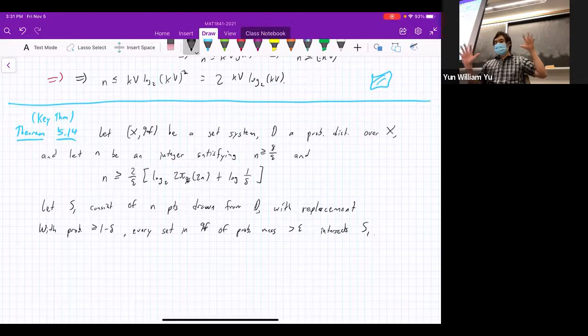Okay, so let's take a step back and think about what we're talking about now. In addition to just having a set system, we have some well-defined process of drawing samples from the set system. We're drawing n points from the set system, and then we're arguing that with high probability, there's some intersection between all of the high probability mass concepts in H and our set S1.